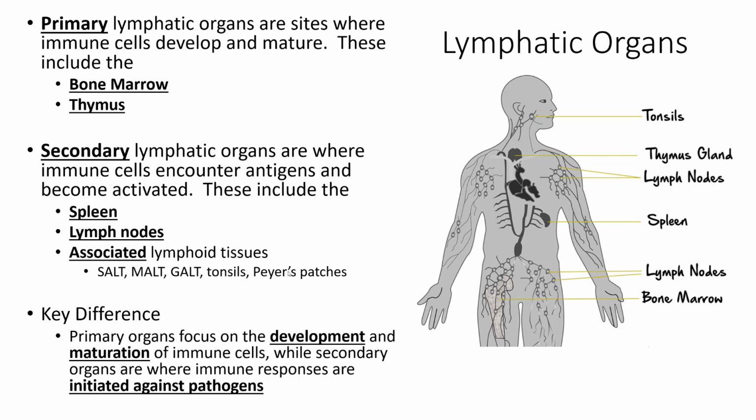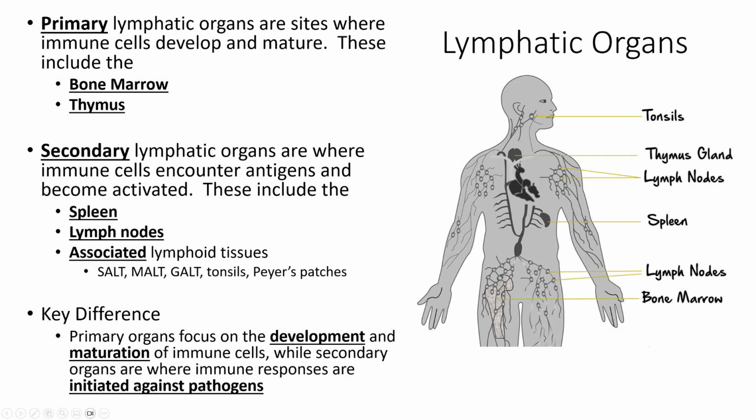So in general, the key difference between primary and secondary is that primary organs do more of the development and maturation of immune cells, while the secondary organs are more for the housing and the areas where the response against pathogens tends to occur.